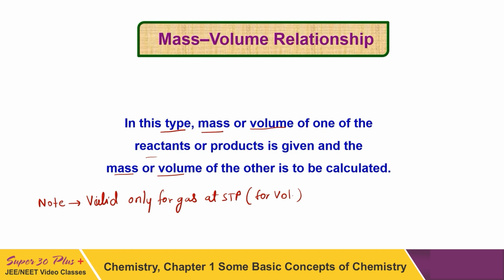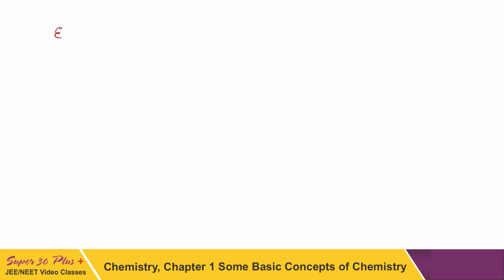Let me give you the example. Again, if I choose the example of the Haber process, N2 plus 3H2 gas gives 2NH3 gas. Stoichiometry is 1, 3 and of course 2.